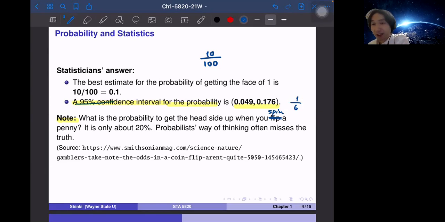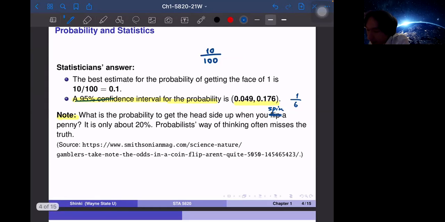In mathematical questions, sometimes you assume the coin is fair and getting the head side up is 50%. But if you do experiments, it is 20% or 21%. So sometimes a probabilistic assumption does not match the data.